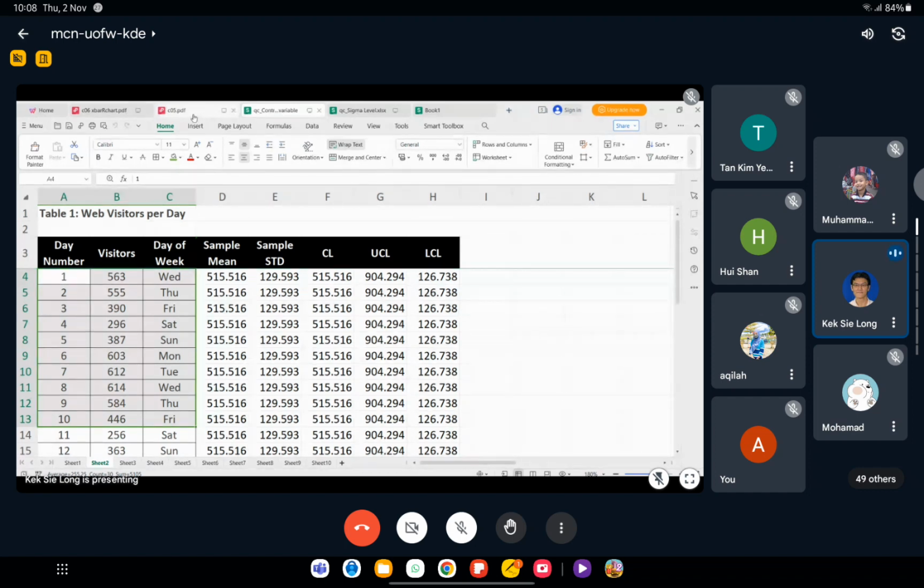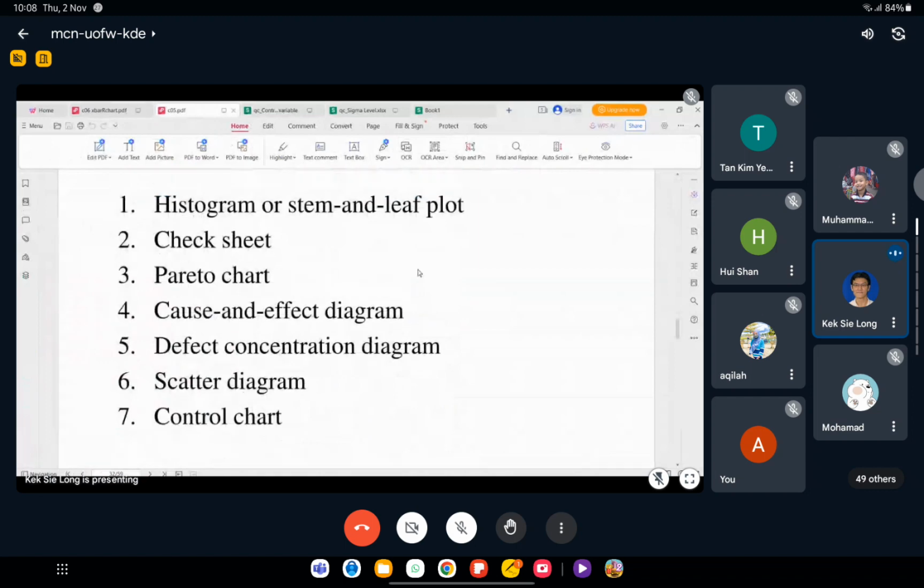So the tools I mentioned to you just now, there are 7 tools. If you can transform your data into either a histogram or a scatter plot, the raw data is not necessarily presented in these 7 tools, because these 7 tools have a certain purpose.